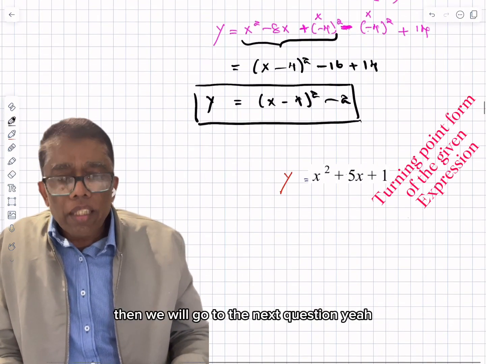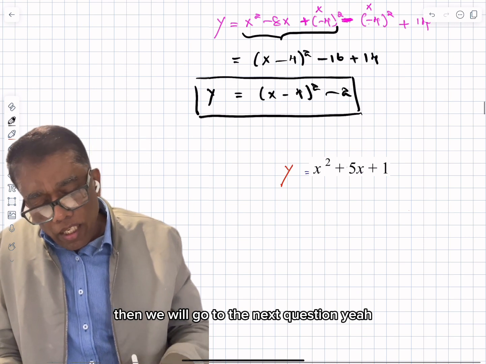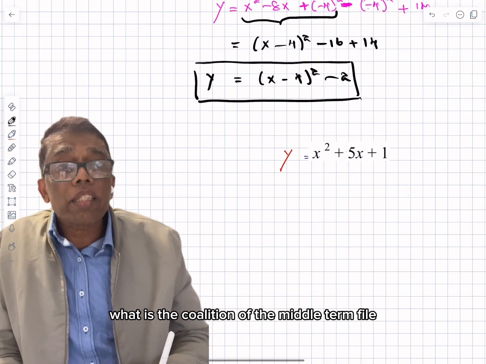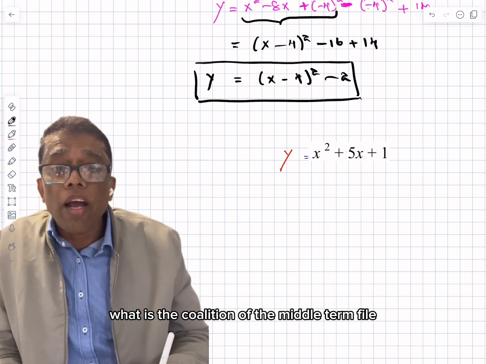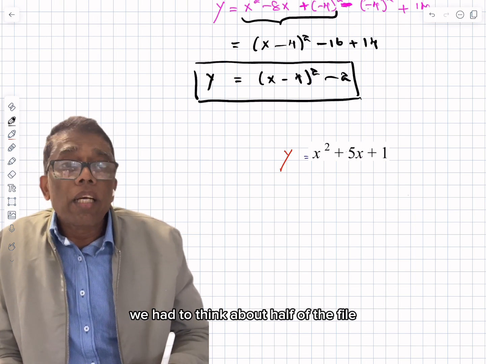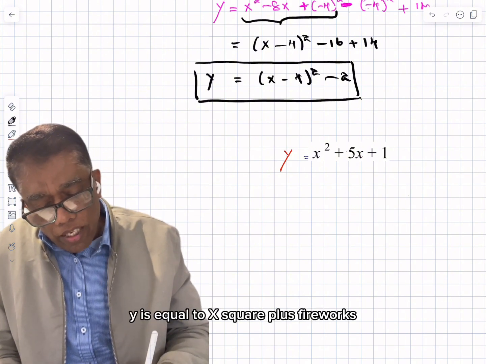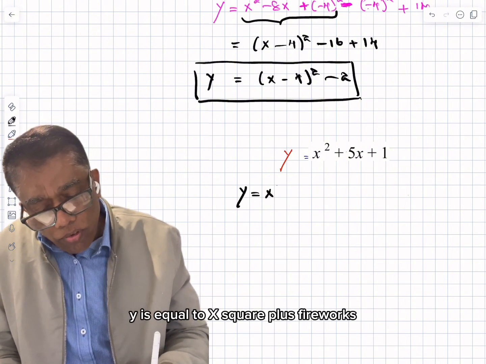Okay, then we will go to the next question. What is the middle term? The middle term is 5x. What is the coefficient of the middle term? 5. We have to think about half of 5, that is 5 over 2. Here, y is equal to x square plus 5x.